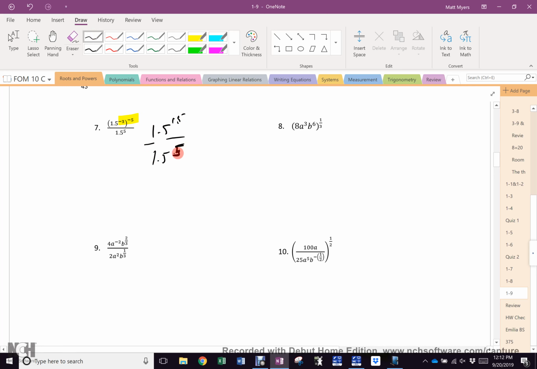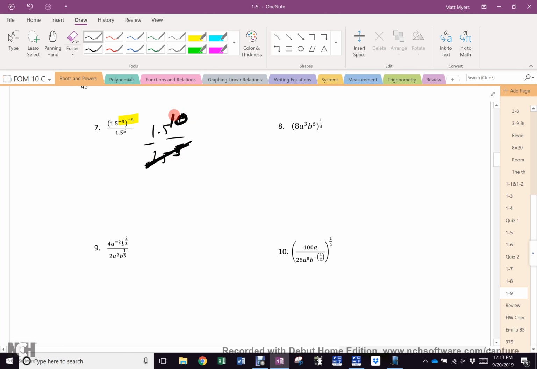What's going to happen to these 5? They're going to cancel out. Why? Because I got 15 up there and 5 down there. So I'm going to lose 5 of these. So what am I going to end up with? 1.5 to the 10th. All right.